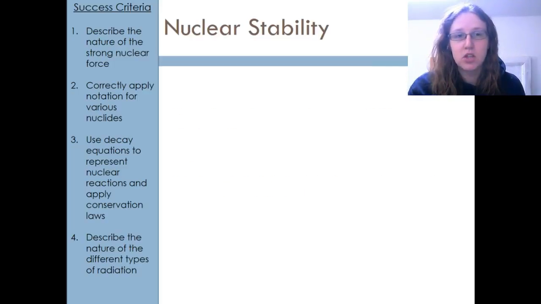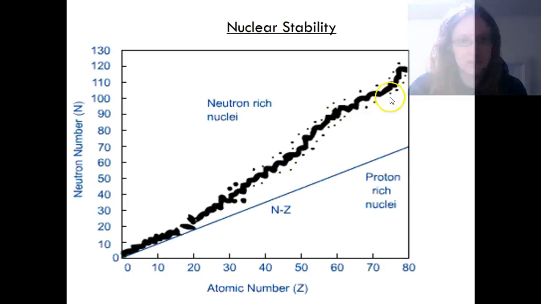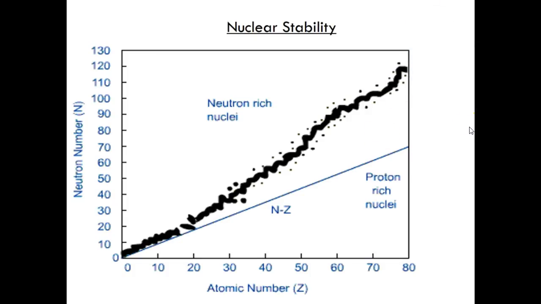Okay? So if we then plot this graph, just have a little look at this. This is a graph of nuclear stability. And what we've plotted here is neutron number against atomic number. And the black dots show you where there are stable nuclei.